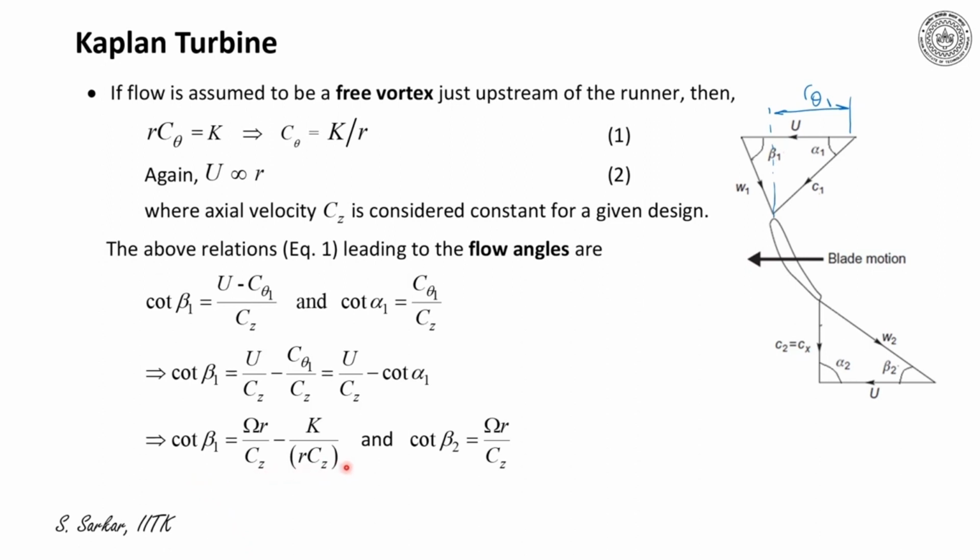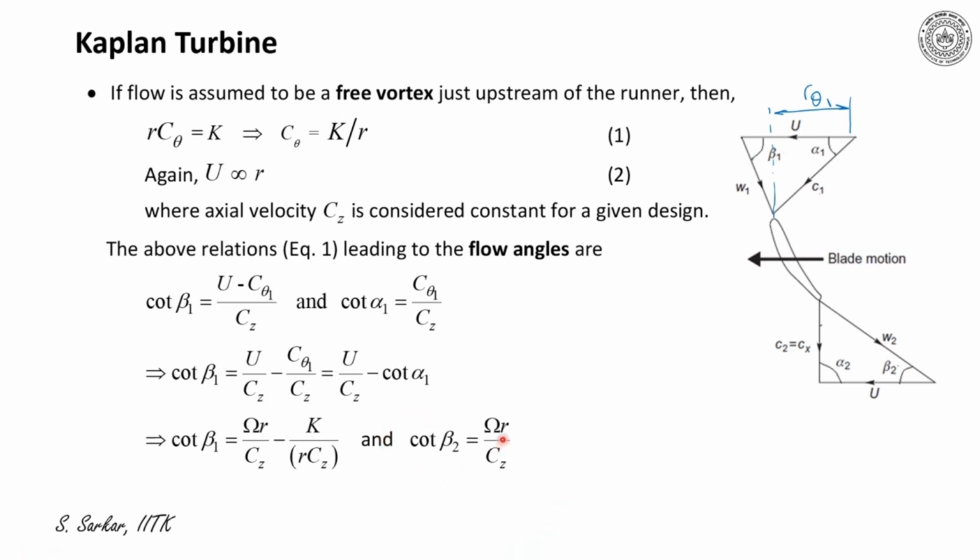So this equation states that beta 1 is a function of R. Similarly, cot beta 2 would be equal to omega R by Cz, because from the exit velocity triangle it can be stated that cot beta 2 is equal to U by Cz.